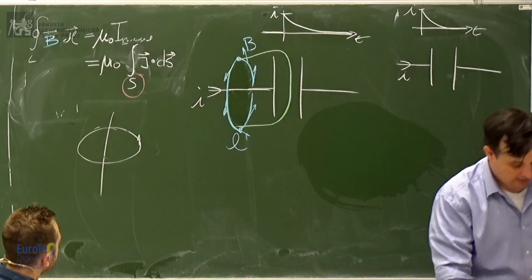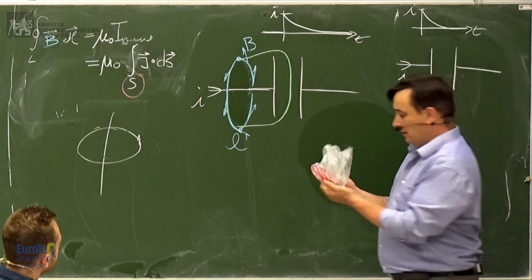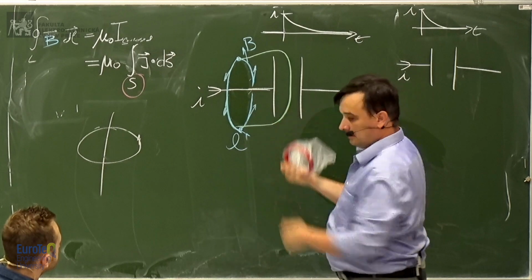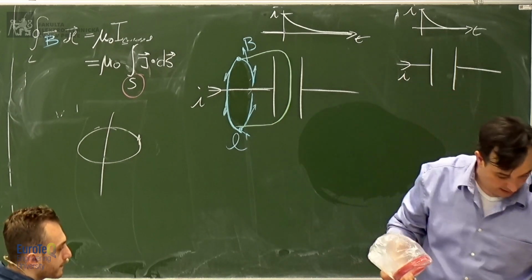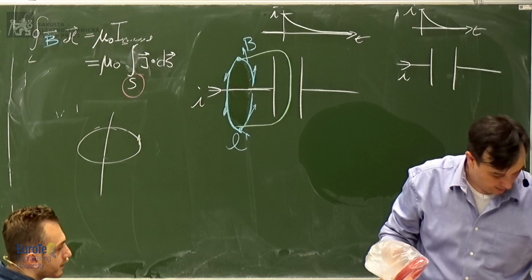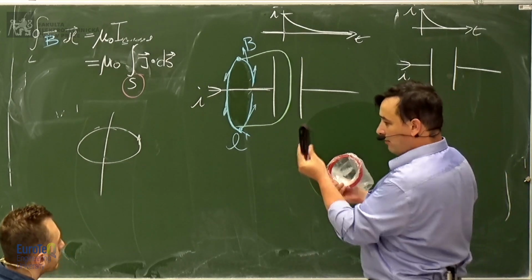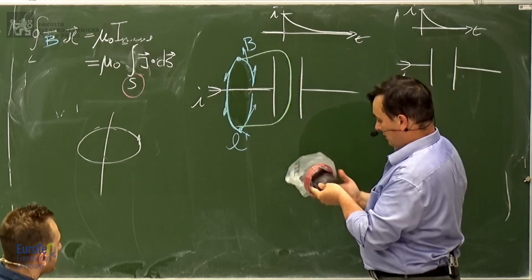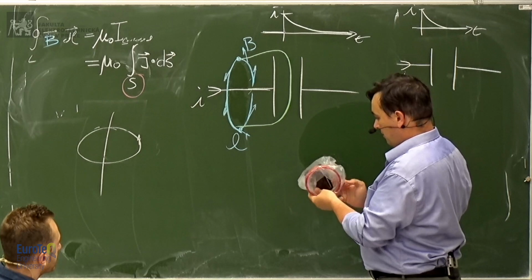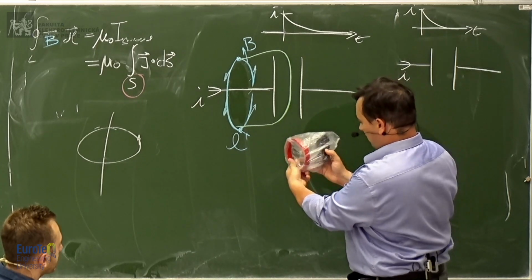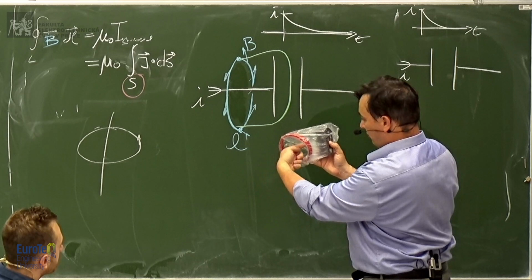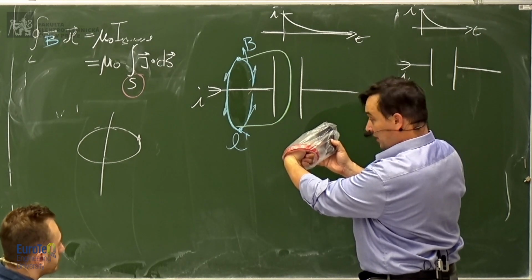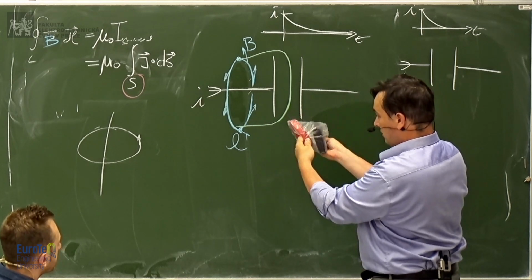Just imagine that. This is your ring, and I don't have anything here to simulate a capacitor. Maybe my wallet. So my wallet is one of the plates of the capacitor, and it will be inside here. So the current arrives, goes through the ring, and arrives at only one of the sides of the capacitor.